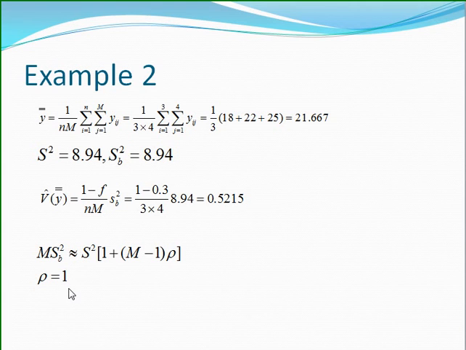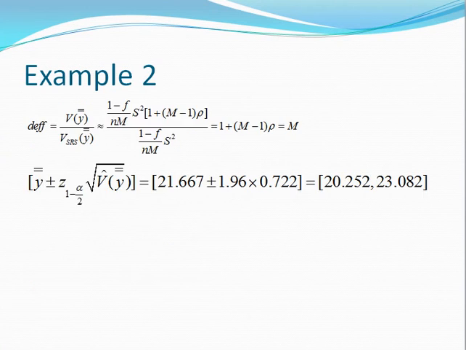And the design effect, as mentioned before, is 1 plus (m minus 1) rho, which is equal to m, the maximum value of the design effect. Then we put the value of the estimator of the variance of the mean of the sample inside this, and we can get the 95% confidence interval like this, and so it's enough like that.